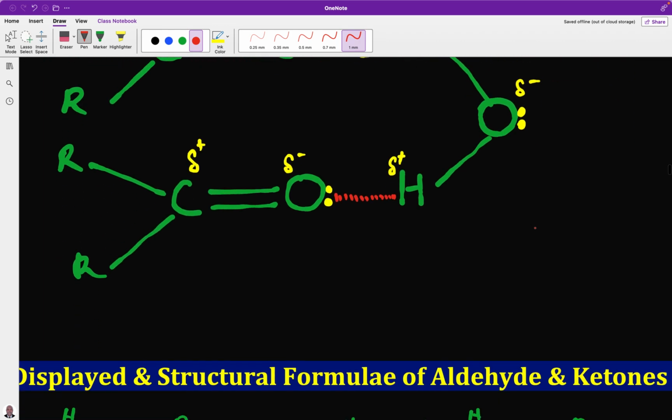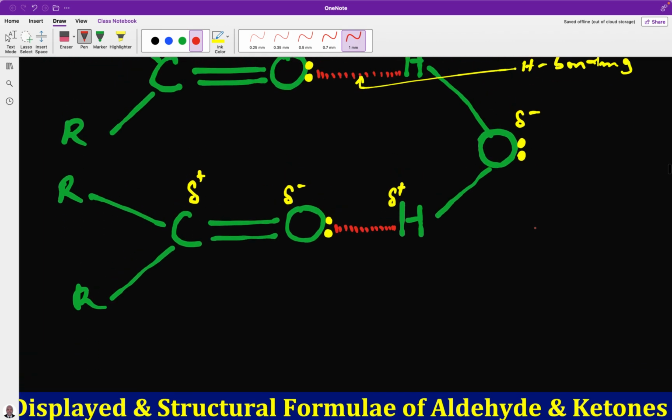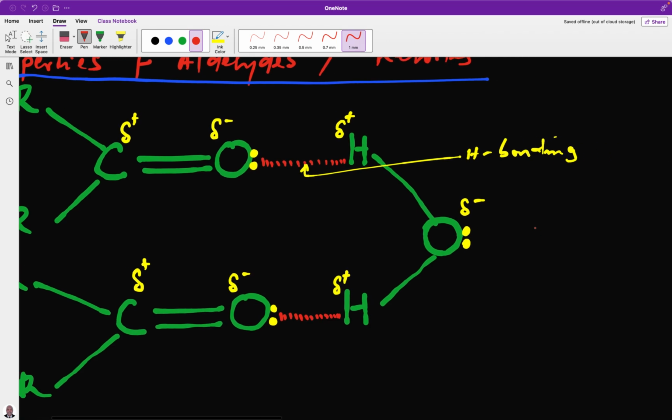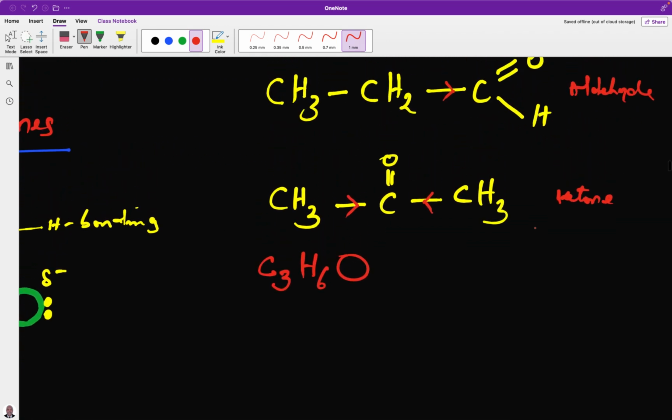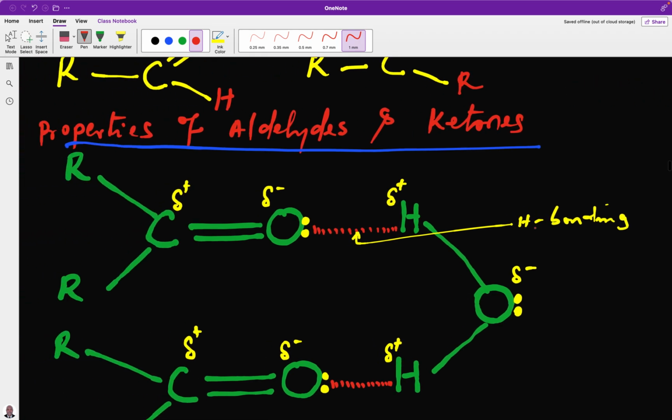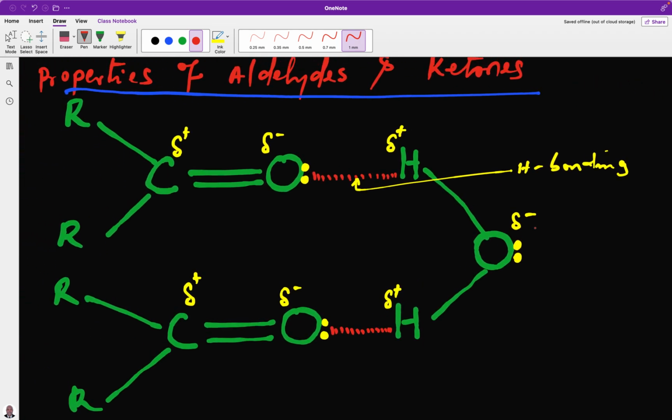So again, despite the fact that they are soluble in water, their solubility will also decrease as the molecule becomes larger and larger in size. The solubility also decreases because of the interference of the hydrogen bonds by the tails of the aldehyde and the ketone molecules.